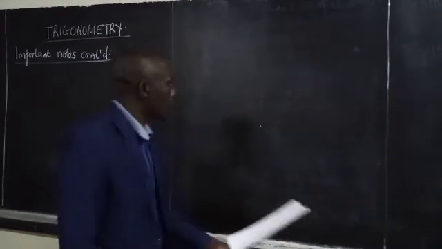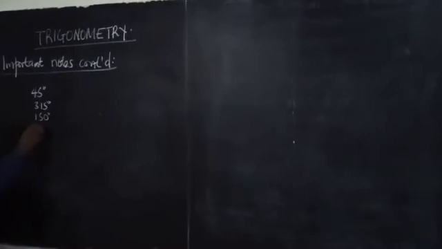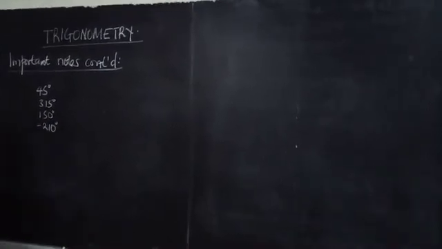We had such angles, 45 degrees, where we found that its equivalent was 315 degrees. We had 150 degrees, which had an equivalent of minus 210 degrees, and so on.